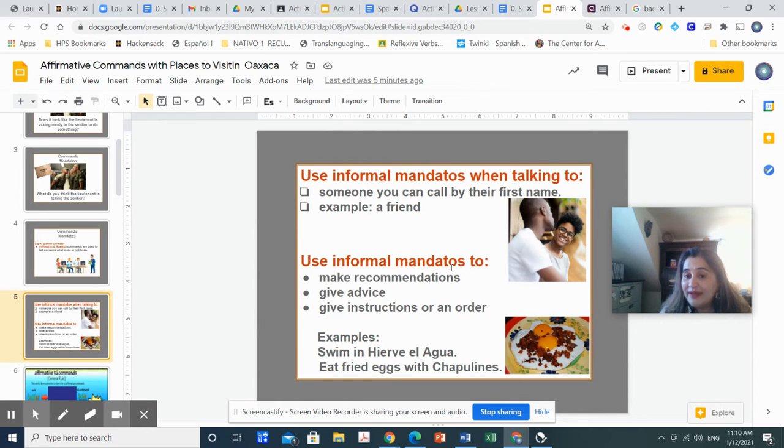Use informal mandatos to make recommendations, give advice, give instructions, or an order. Some examples would be when somebody says to someone, swim in Hierve el Agua if you're visiting Oaxaca, Mexico, or eat fried eggs with chapulines, with grasshoppers.